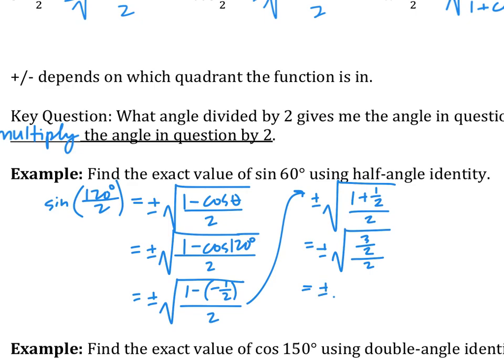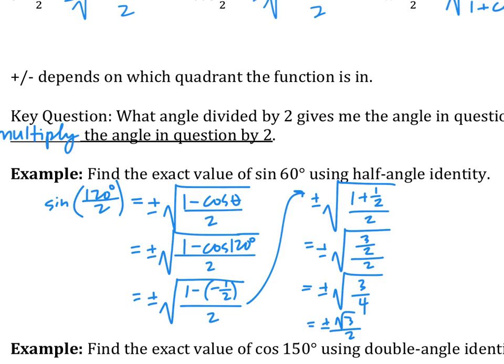So this is plus minus square root of 3 over 4. So the answer is plus minus square root 3 over 2. Remember, you can break the radicals into 2 radicals when it's in a fraction, and since square root of 4 is 2, we can simplify that.